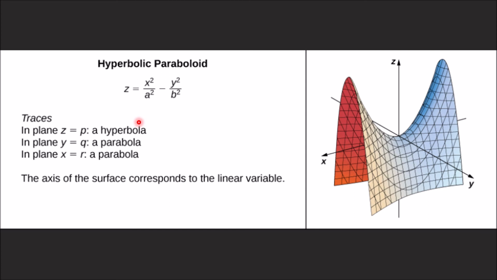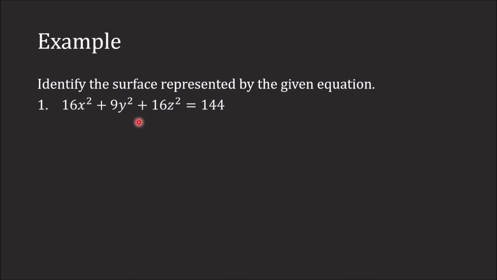I know this is a long video, however, we just have 2 more examples and then we're done. So we're going to identify the quadric surface represented by the given equations. So first up we have this one. Well, the first thing we want to do is set it equal to 1.